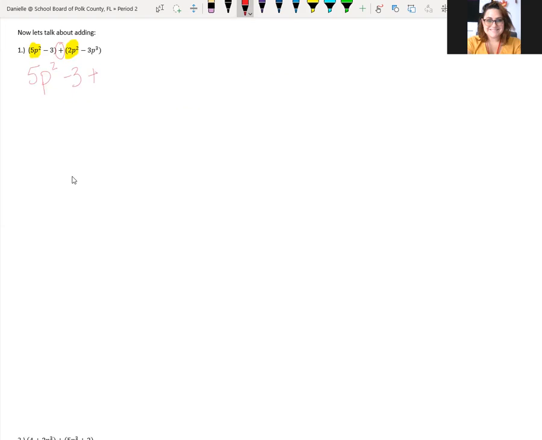I can erase my parentheses. And now I can just combine my like terms. We have p squared and p squared, so we'll have 5 plus 2 p squared, which gives me 7p squared. And the rest of it will all drop down.